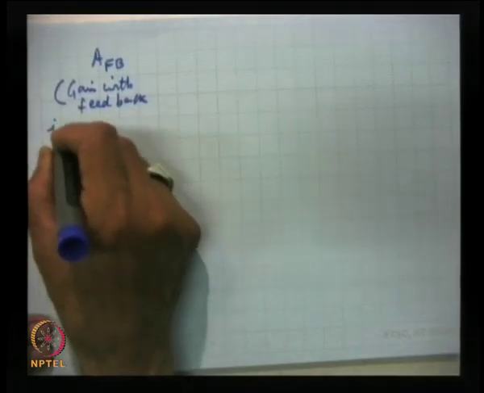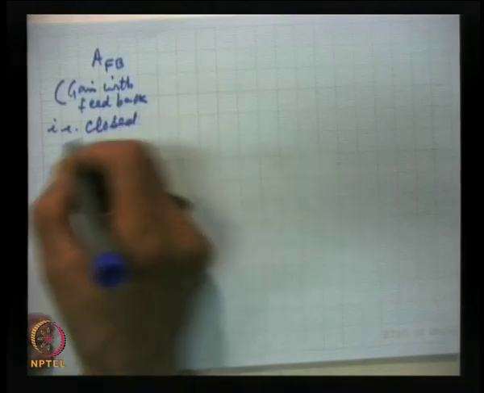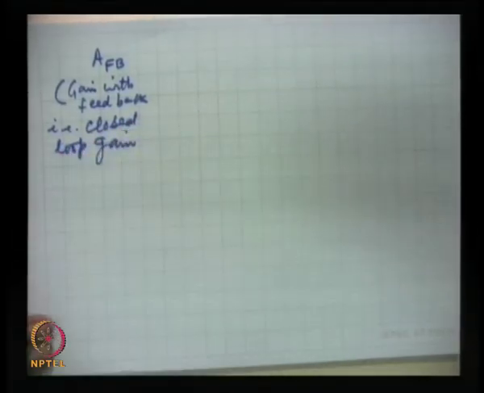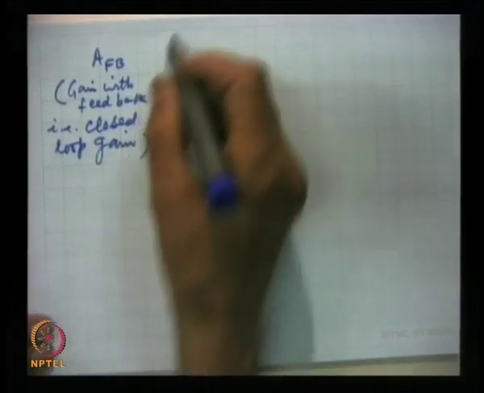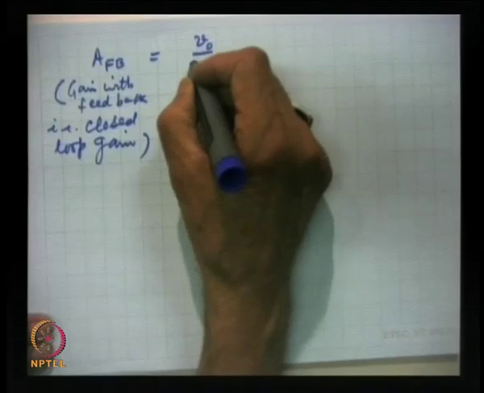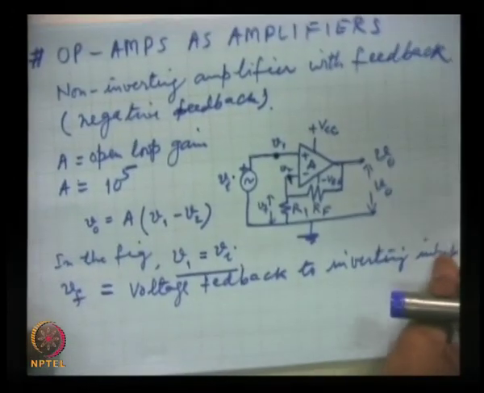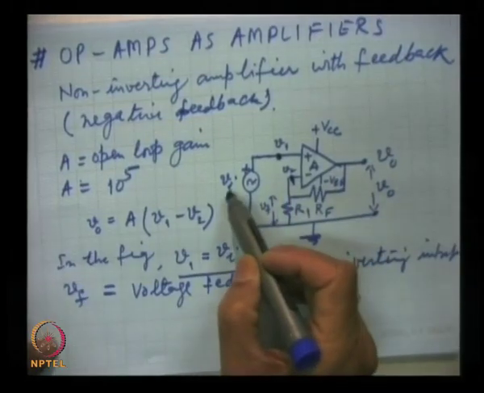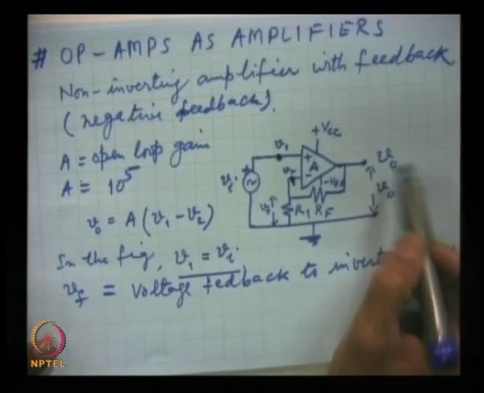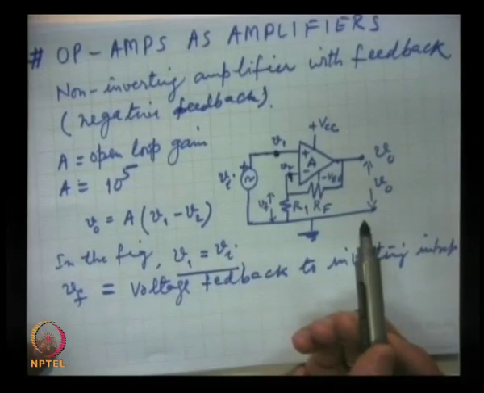That is AF is closed loop gain. This is equal to V0 by Vi. Here the input signal was Vi, output V0. So, the ratio of output voltage to input voltage is the gain.